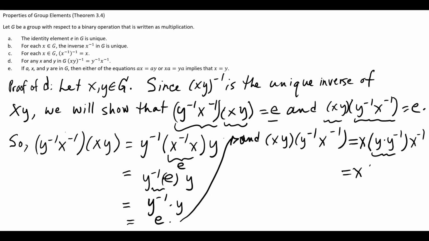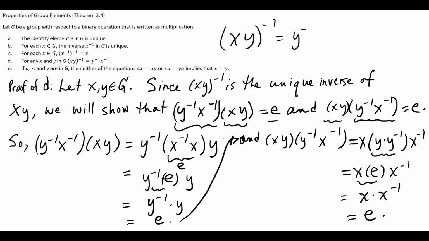This is x times e times x inverse. Well, I know that x times e is x, and I'm left with times x inverse, which gives me e. So I've just shown that y inverse times x inverse is the inverse of xy. In other words, I've shown that these two have to be equal.